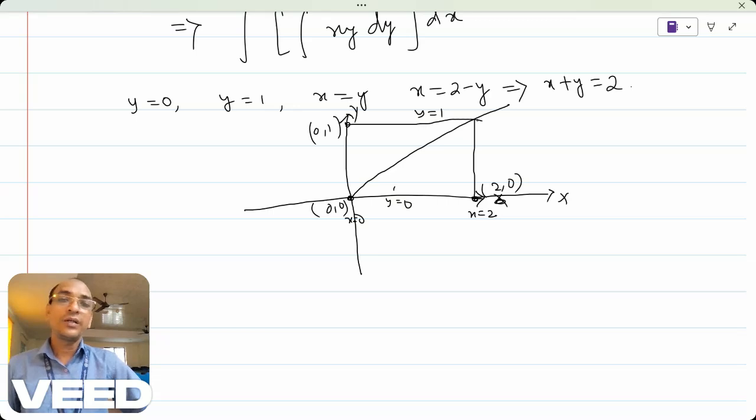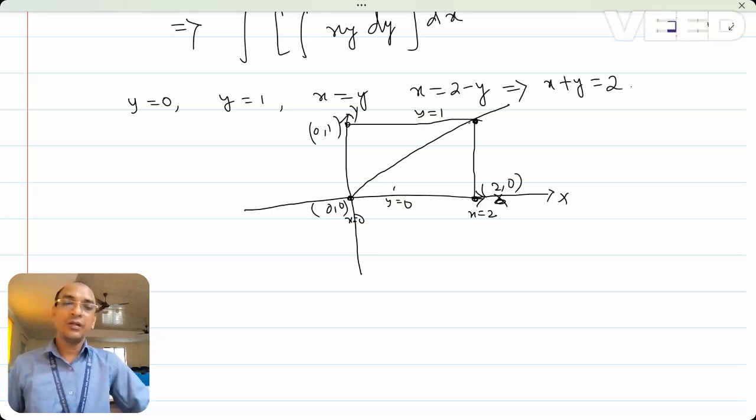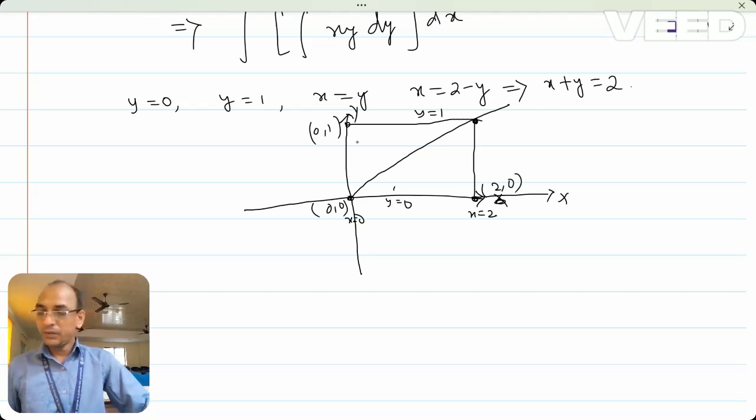Now I want to find the value of this point. Yeah, I have missed another line: x plus y equal to 2 is also there.